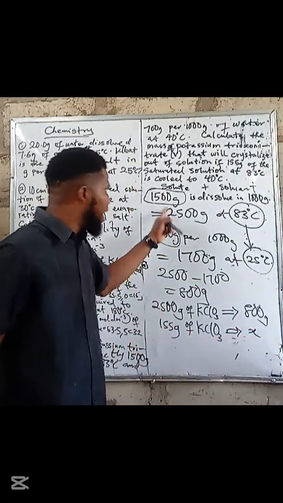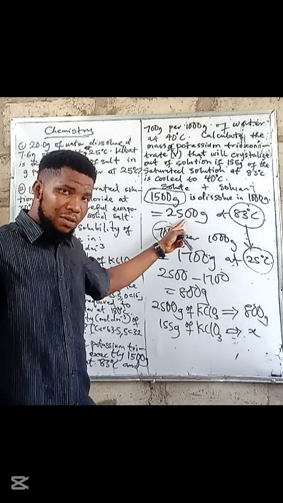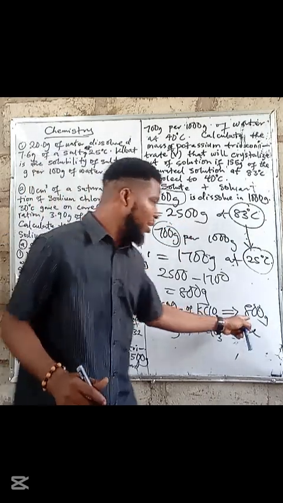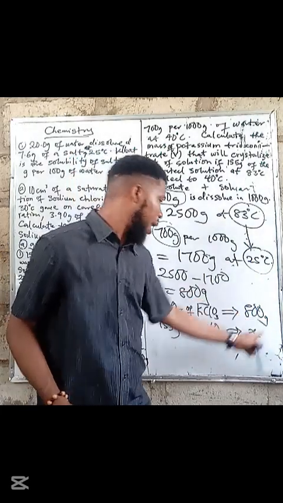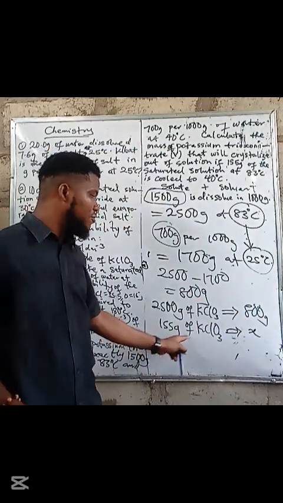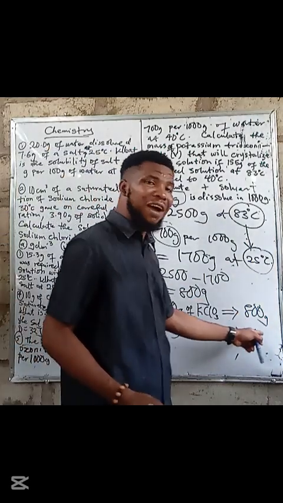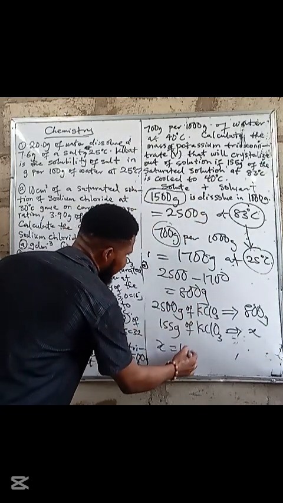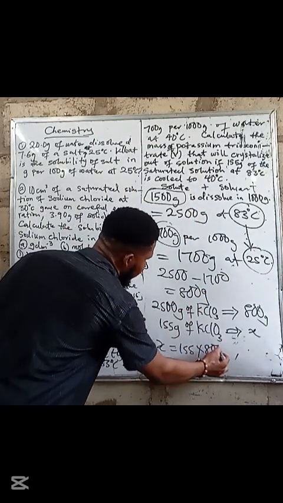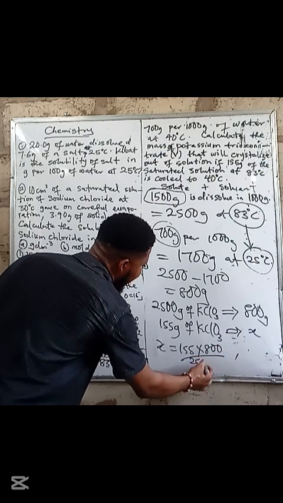If 2,500 grams of the solution gave us 800 grams crystallized out, then for 155 grams you do your cross multiply. Your X is now what? 155 times 800 all over 2,500.